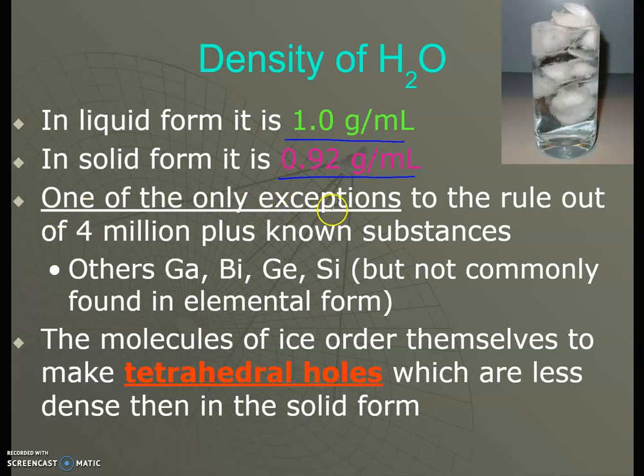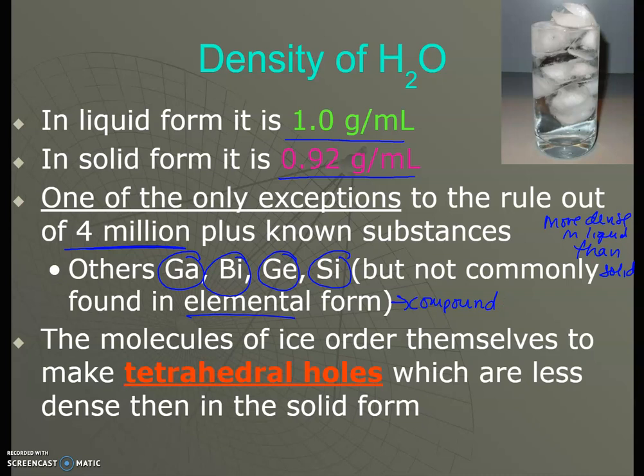It is one of the only exceptions to the rule out of 4 million plus known substances that occurs naturally in nature to be more dense in the liquid form than the solid form. Okay? There are others, gallium, bismuth, germanium, and silicon, but you don't really find them in element form. You find them in compound form. So this is really the only naturally occurring substance to do this.